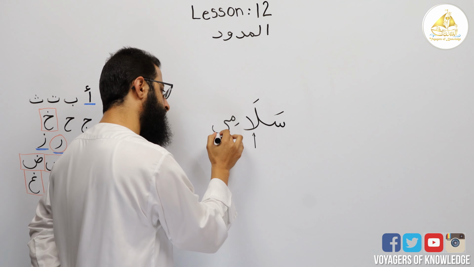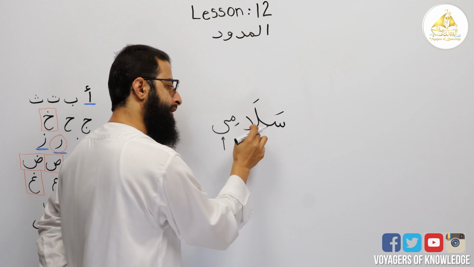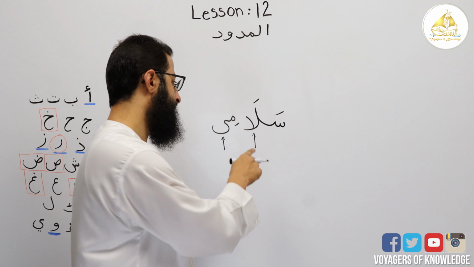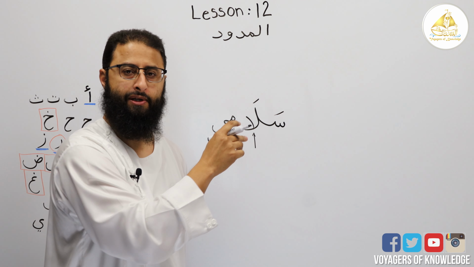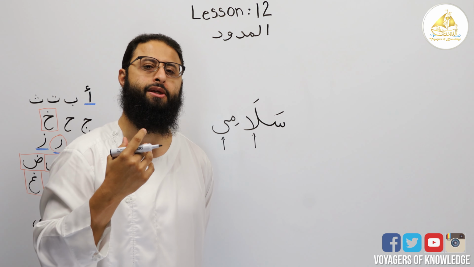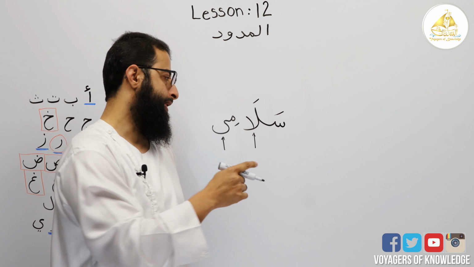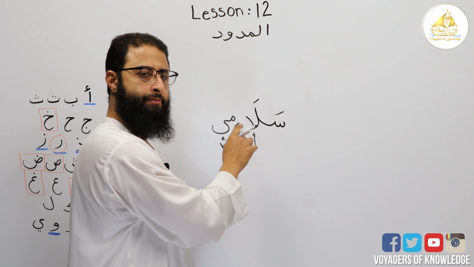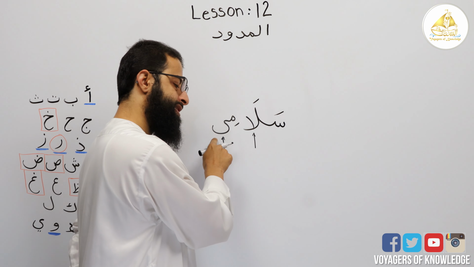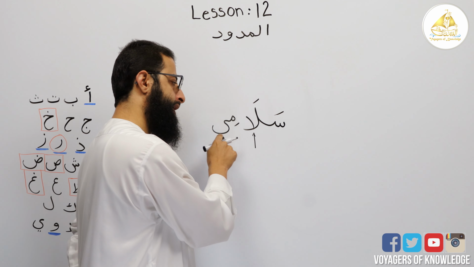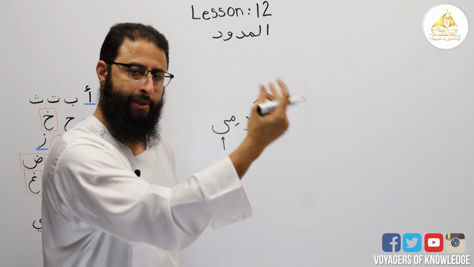So the elongation happens here and here. It's not on the meem itself. If I was going to make the meem long, I would just be saying me, but that's not how it is. We make this letter longer. Mi. You hear the ya being extended.